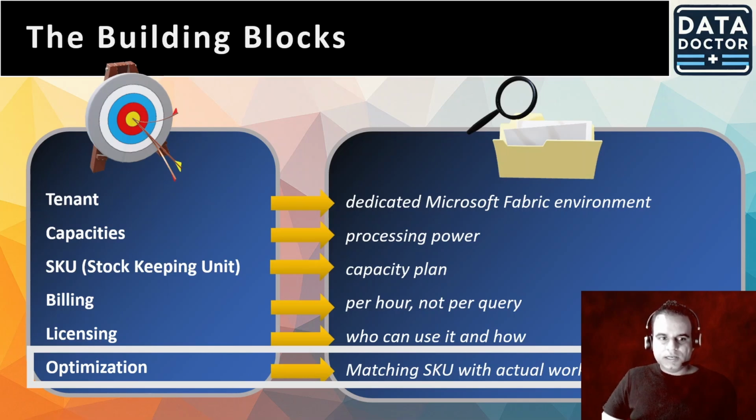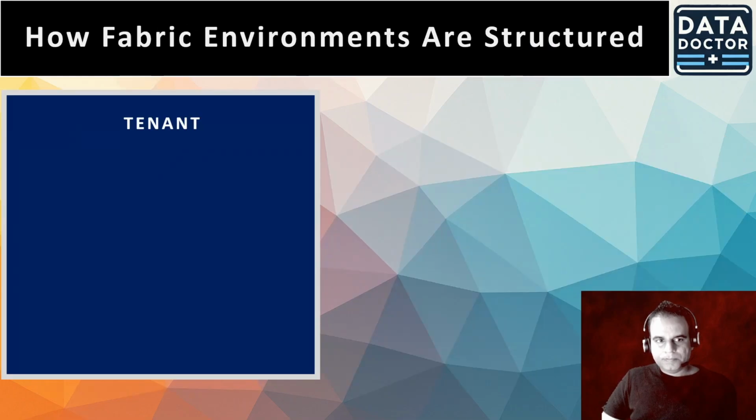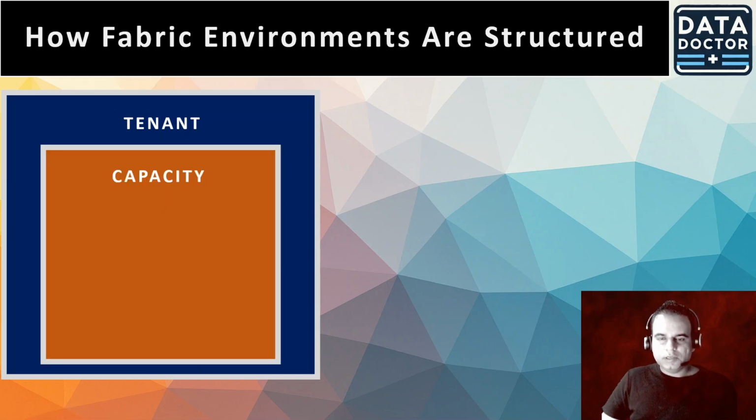Now, with this understanding, we will have a look at the important Fabric components and how they are actually structured. So here, first of all, tenant. As I told you, the tenant is the top thing. Everything else falls under tenant. So when we talk about the capacity, this comes under the tenant as well.